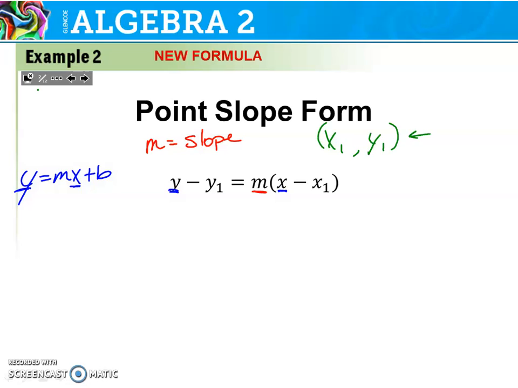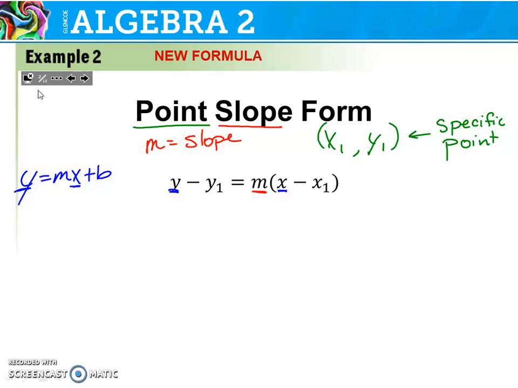Well, that makes up another point. So this is going to be some specific point that is going to be given to you. So your point slope form is going to be useful if you know a point and you know a slope, which is how it got its name.